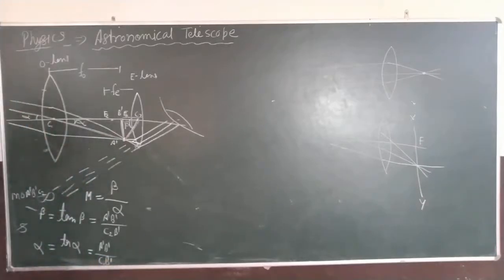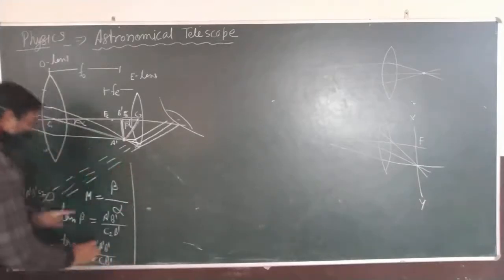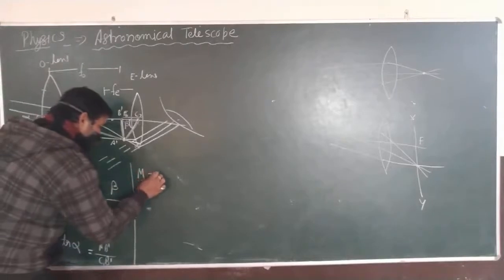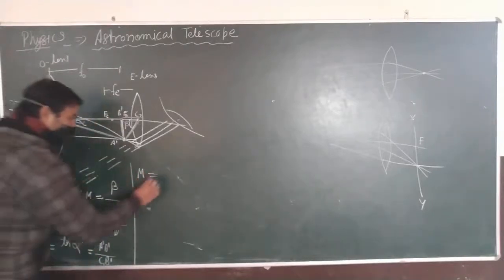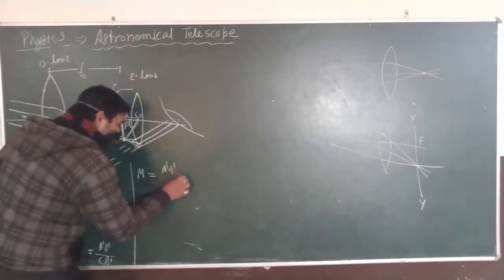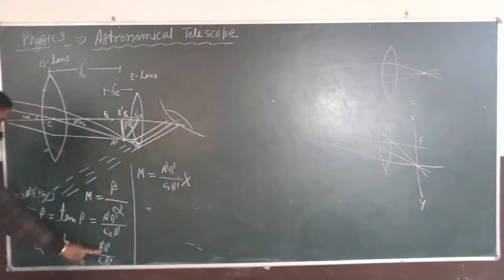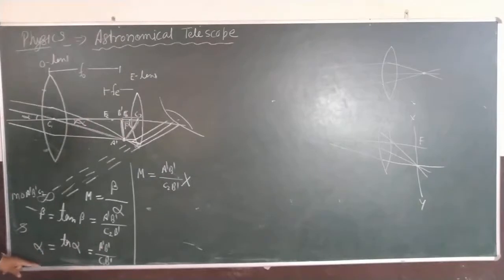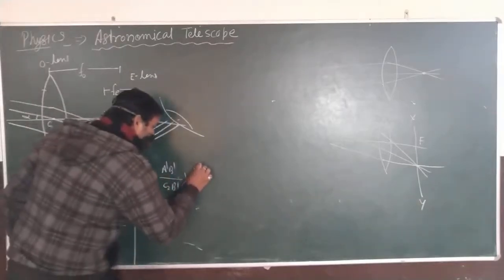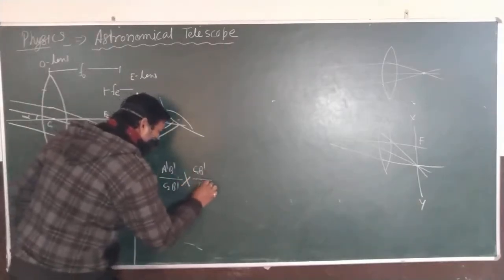Clear? Now, therefore magnification is equal to beta, which is A dash B dash upon C2 B dash into this we take 1 upon alpha, so C1 B dash upon A dash B dash.